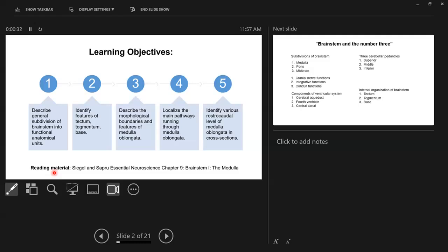As you can see, I'm giving you 5 learning objectives. The first 2 refer to general organizing features of brainstem, and then the last 3 delve into medulla oblongata.